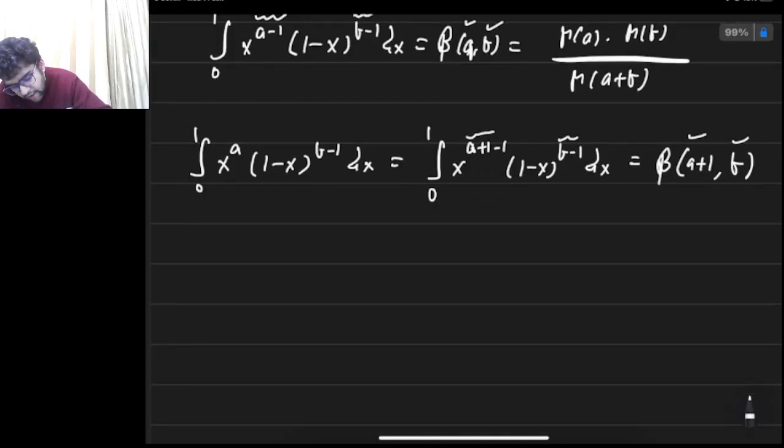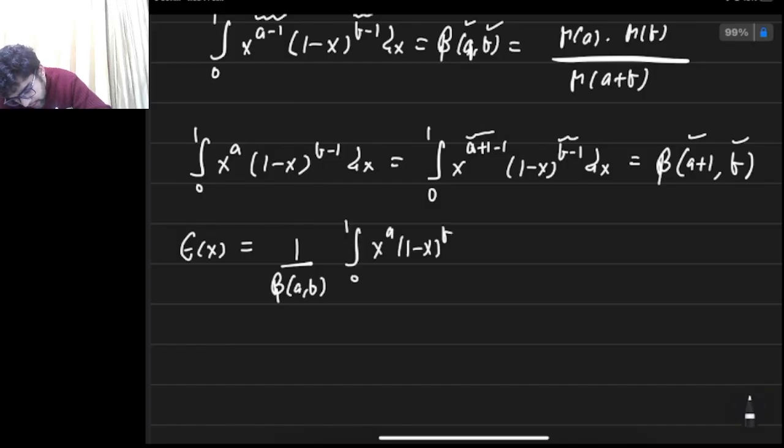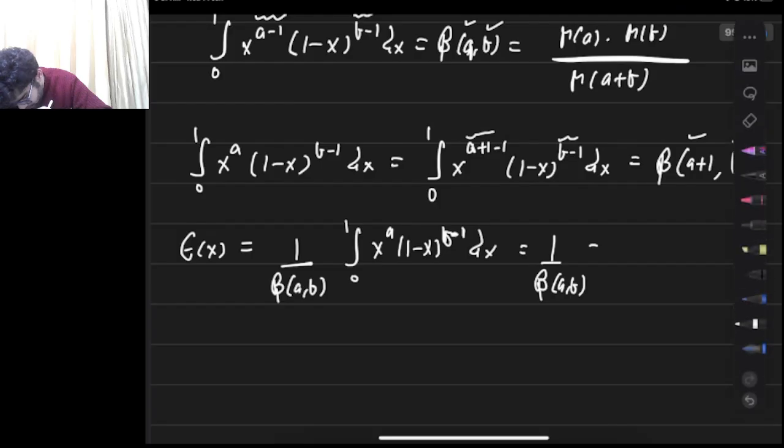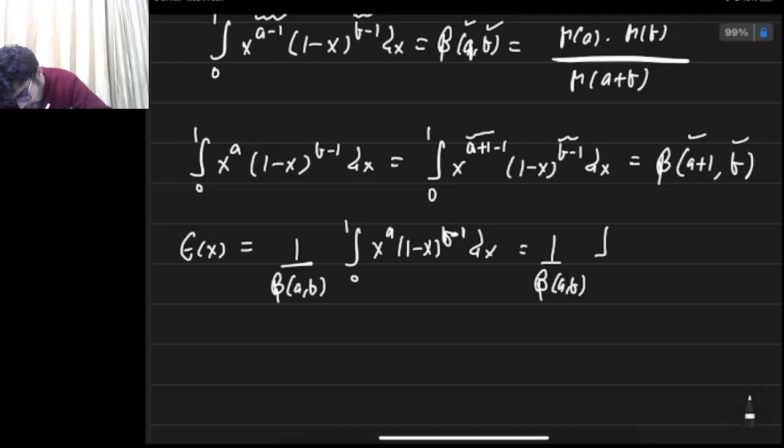Now finally I am left with the expected value of x equal to 1 upon beta(a, b), the integral from 0 to 1 of x to the power a, 1 minus x to the power b minus 1 dx, and this becomes 1 upon beta(a, b) times the integral from 0 to 1 of x to the power a plus 1 minus 1, 1 minus x to the power b minus 1 dx, right?